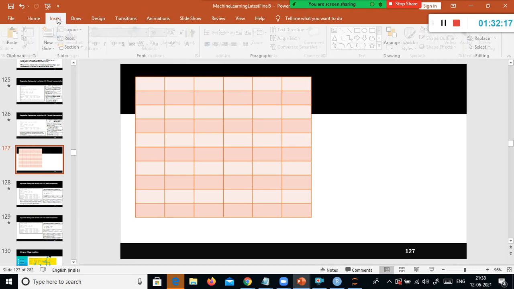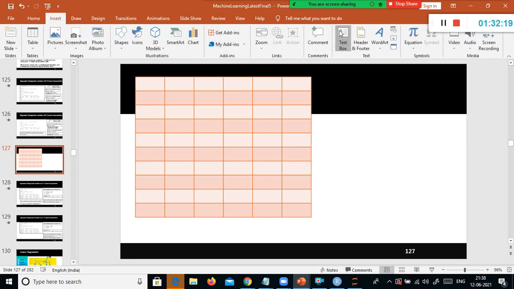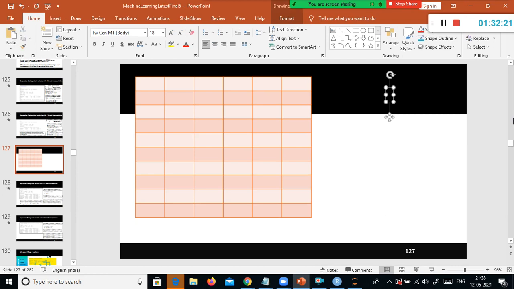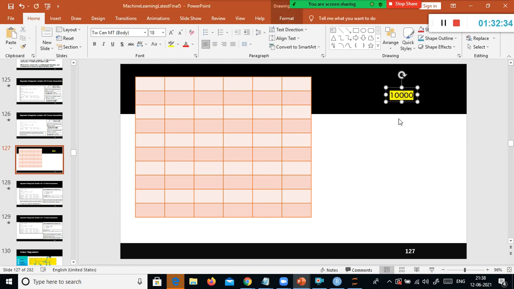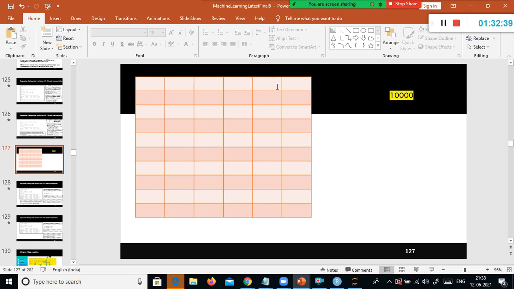Supposing I have 10,000 records in my data set. 10,000 divided by 10, how much? 1000, right? Each fold will have 1000 records.